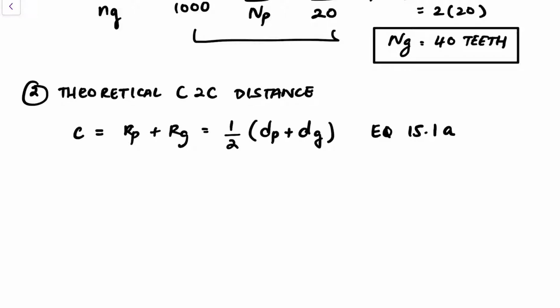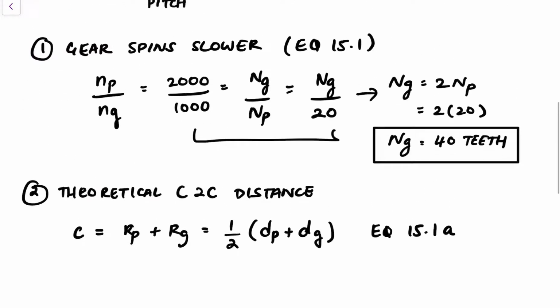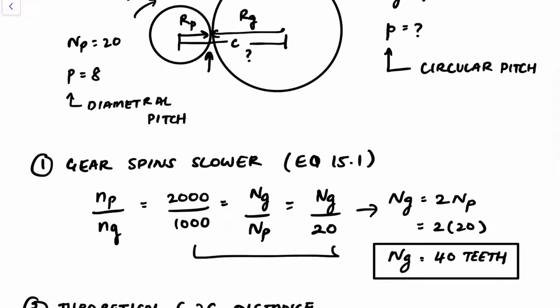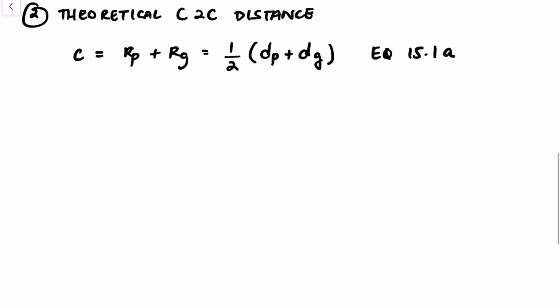So now we need to calculate what the diameters of the pinion and the gear are. We can calculate that by knowing the number of teeth as well as the diametral pitch of the gears. From equation 15.3, you have the diameter of any gear equal to the number of teeth on that gear divided by the diametral pitch.